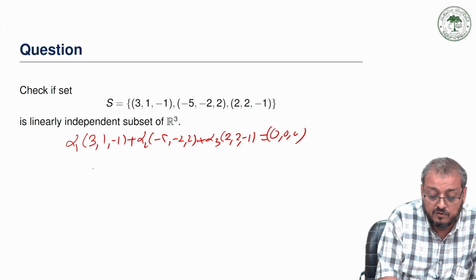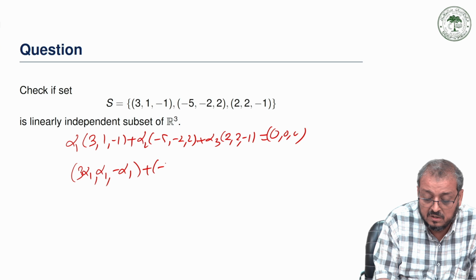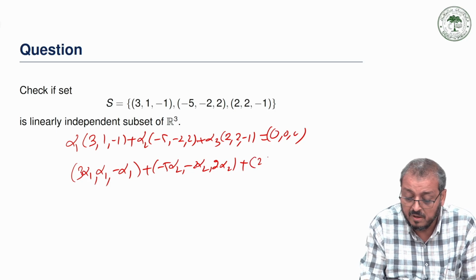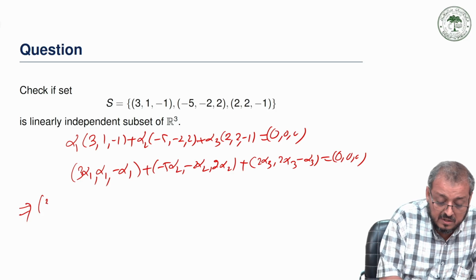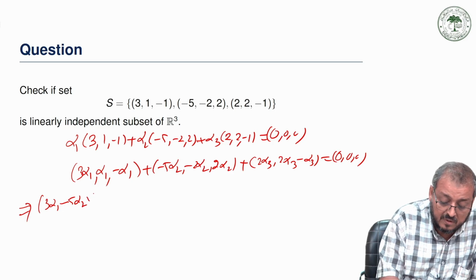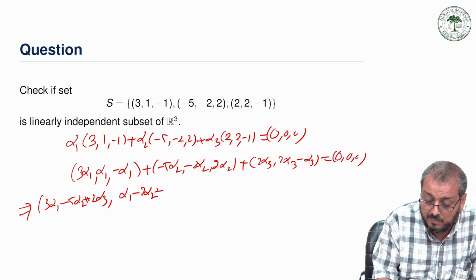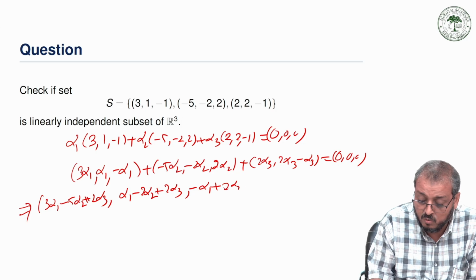Now we write this in the form: 3 alpha 1 minus 5 alpha 2 plus 2 alpha 3, then alpha 1 minus 2 alpha 2 plus 2 alpha 3, and then minus alpha 1 plus 2 alpha 2 minus alpha 3, equal to (0, 0, 0).